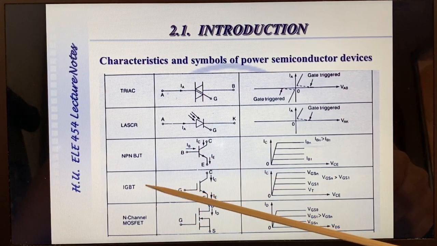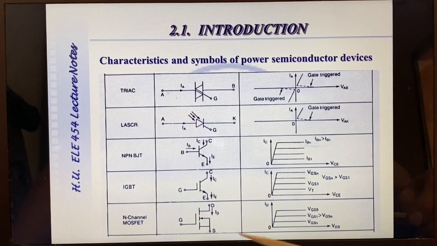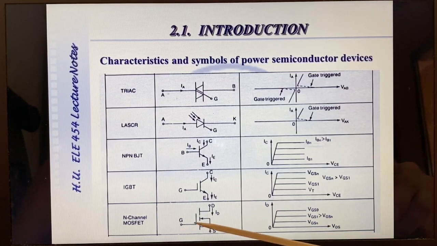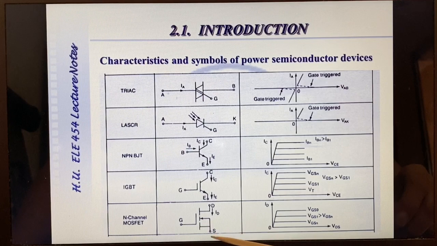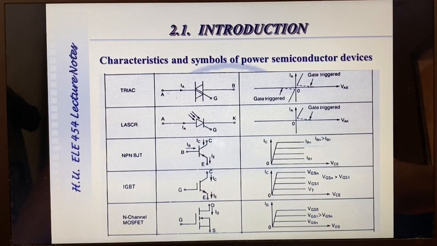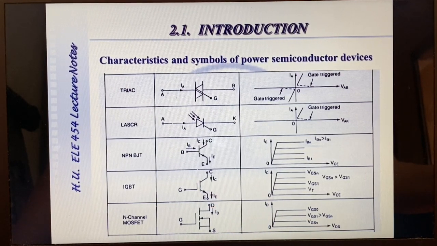Let us skip IGBT now and consider the N-channel power MOSFET. That's the symbol of the power MOSFET, the gate, drain and source. When you apply a voltage pulse between gate and source, you can start conduction of drain current. And the channel opens here. We will see the physical construction of this device later on.